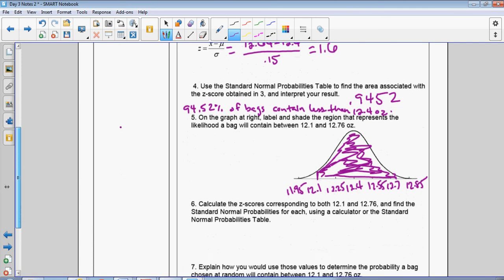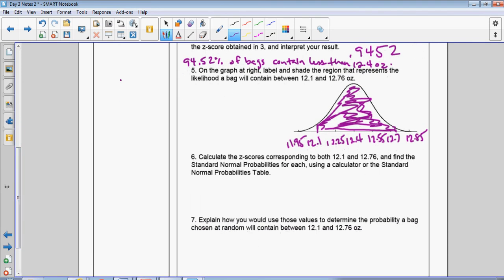So we're going to find the z-scores for 12.1 and for 12.76. So you want to grab your formula and plug those values in. So for 12.76, your z-score is 12.76 minus 12.4 over 0.15, and you get 2.4.